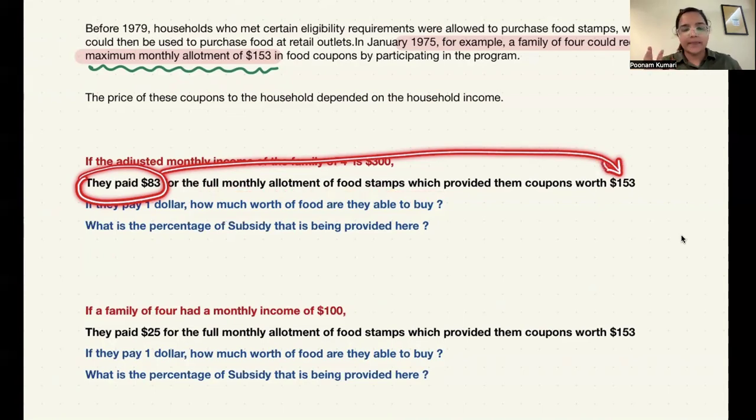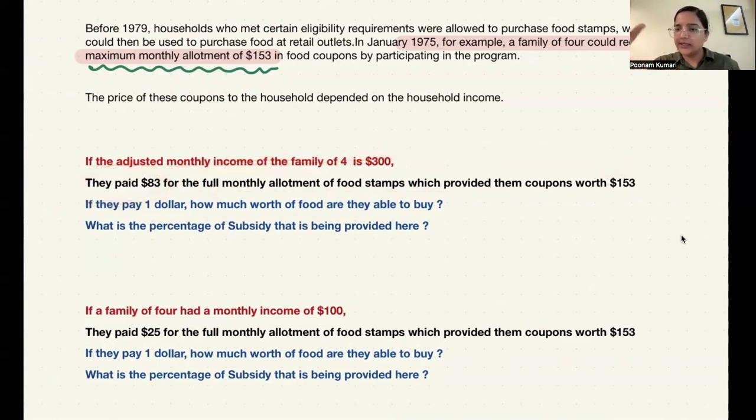So if they had a family income of 300, so that was the criteria कि जिसकी income 300 है वो ये scheme के अंडर आएगा, और जिसकी family income 100 है वो अलग scheme के अंडर आएगा. So the people who had an income criteria, let's say 300, they used to pay $83 to get the items worth $153. Is this scheme clear?